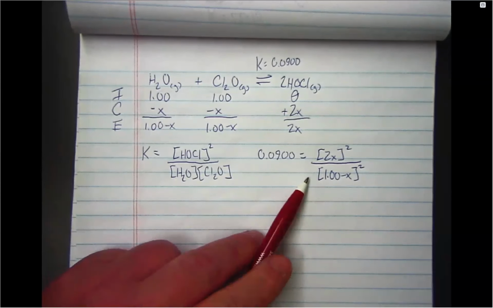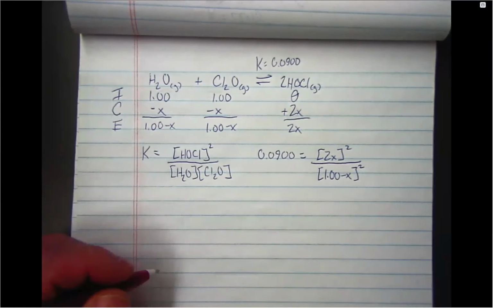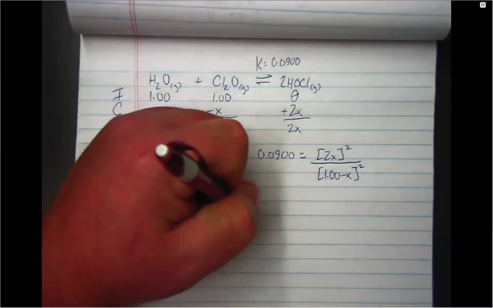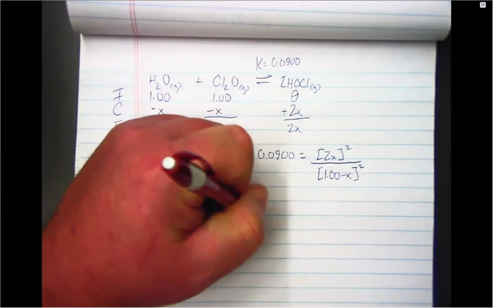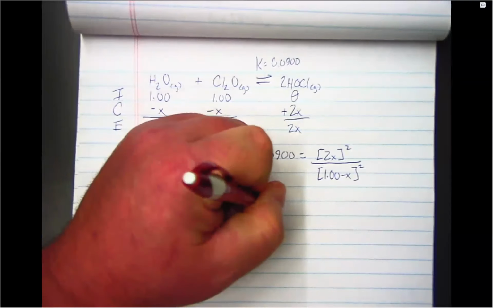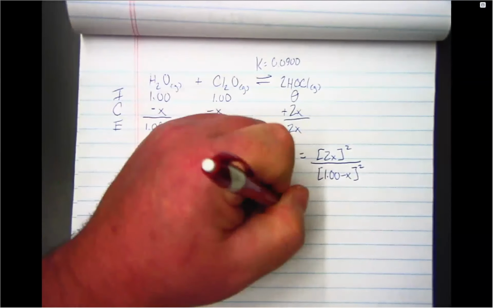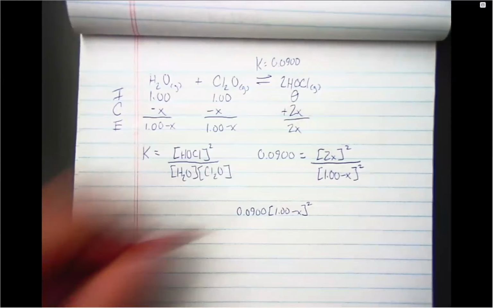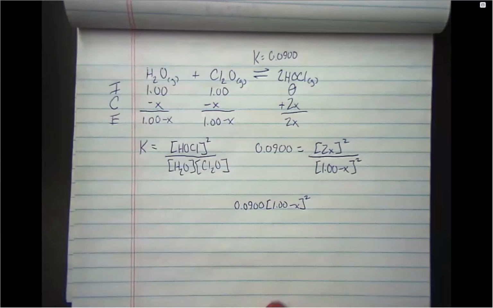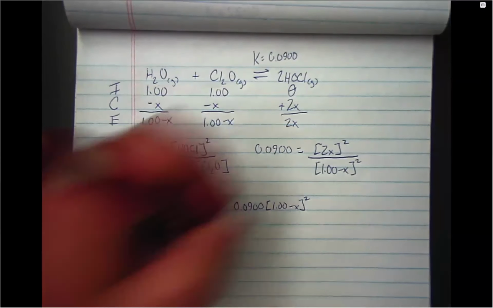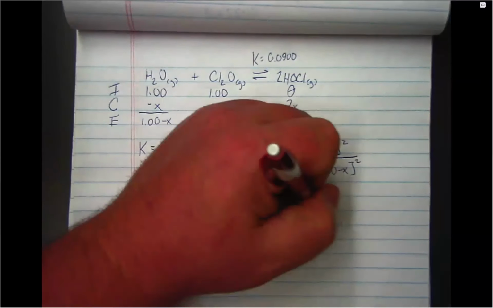So let's rearrange this equation to make it easy to put into our calculator. All right, 0.0900 times 1.00 minus x quantity squared should be equal to 2x quantity squared.